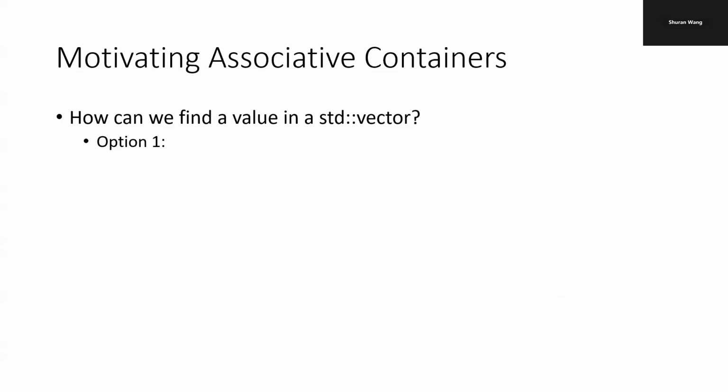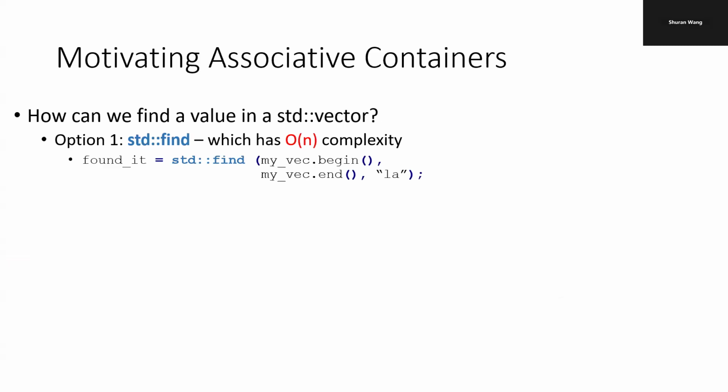First, let's consider a really widely used case of finding a value inside a container. If we have a vector, option 1, we use the find function from the STL library. What the find function does is it goes from the begin iterator to the end iterator, and it searches linearly.